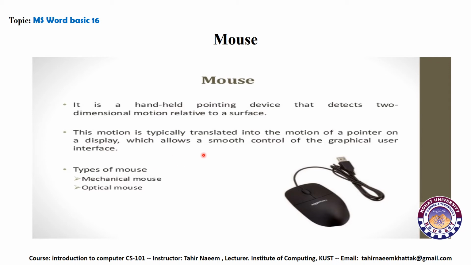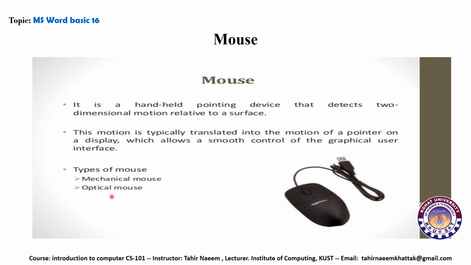So basically here we move the mouse, which allows the movement of the pointer. As you can see, there are two types of mouse: optical mouse and mechanical mouse.